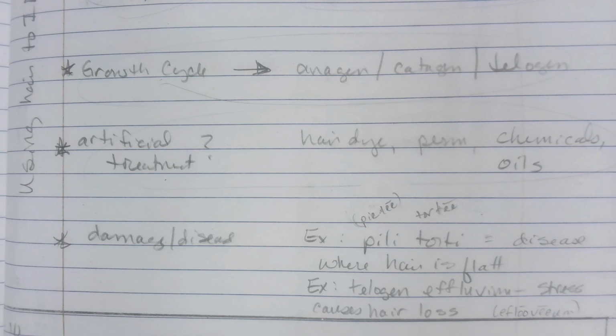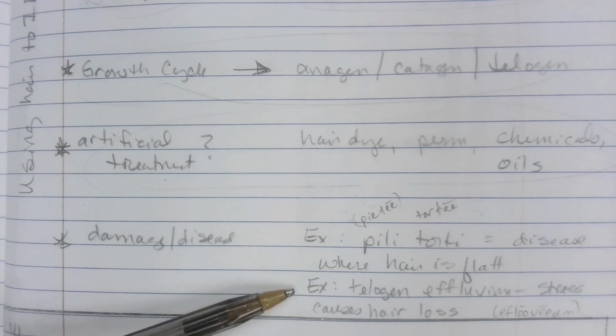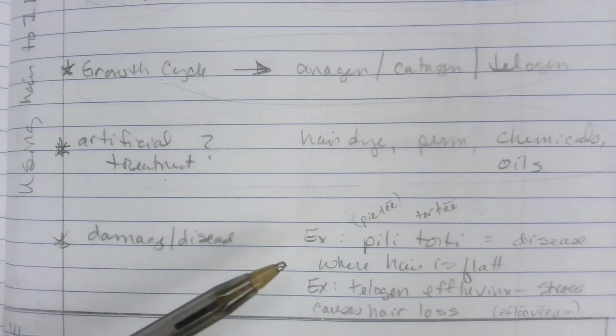And so people that have Pili torti have a tendency to have much shorter hair or hair that does visibly look damaged. Another example of damage or disease is telogen effluvium. Telogen effluvium is when excess stress causes the hair to advance to and stay in that telogen stage. That's the stage where we shed our hair, and so it's going to cause hair loss.